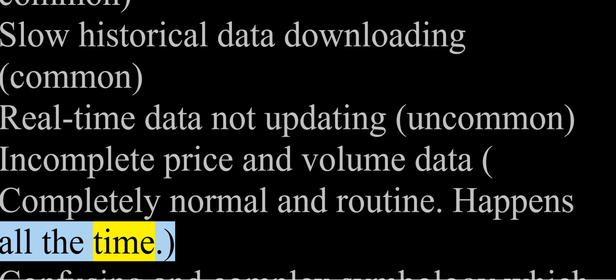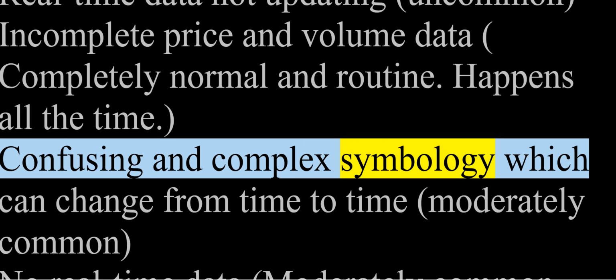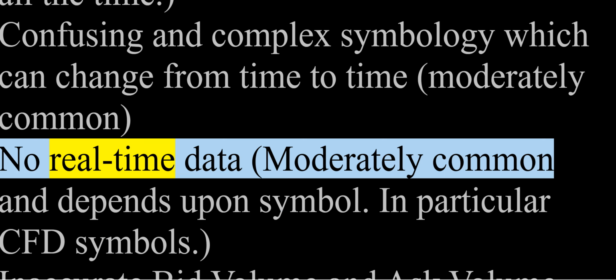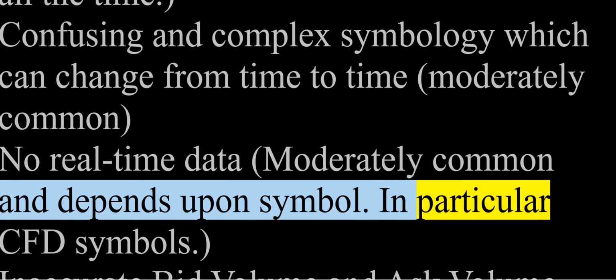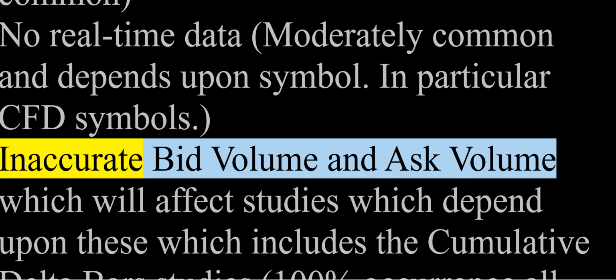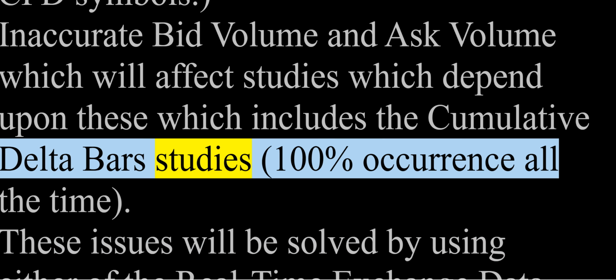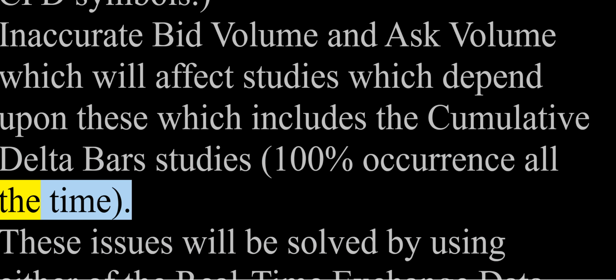Happens all the time. Confusing and complex symbology which can change from time to time, moderately common. No real-time data, moderately common and depends upon symbol, in particular CFD symbols. Inaccurate bid volume and ask volume which will affect studies which depend upon these, which includes the cumulative delta bar studies, 100% occurrence all the time.